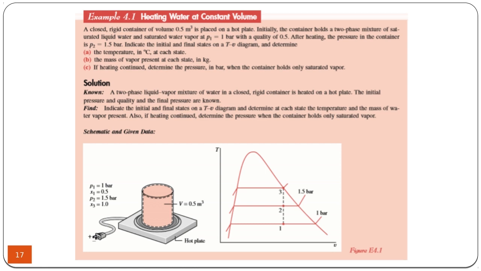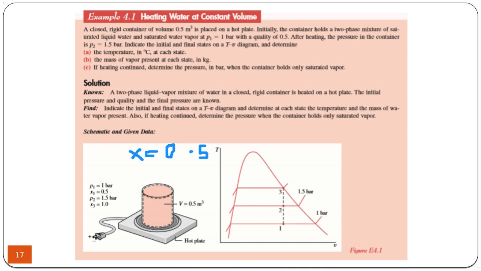So what it means is that X equals 0.5, meaning that 50% of the mass inside is vapor and the remaining 50% is liquid. So from the 1 atmosphere initial pressure, it started to be heated.